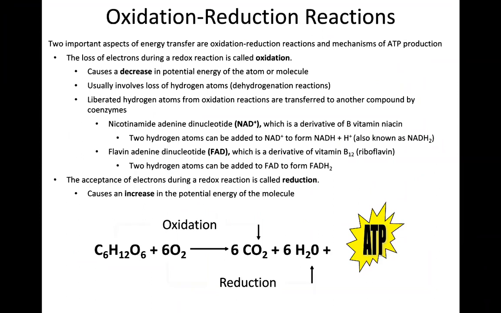Okay. So what we're going to do, this is the chemical formula for cellular respiration of glucose. C6H12O6 is glucose. Okay, that's the chemical formula for glucose. We oxidize it. There should be a line coming up and then down to form carbon dioxide. What we're going to do is we're going to extract the energy from glucose, because anytime you oxidize, you decrease its potential energy.